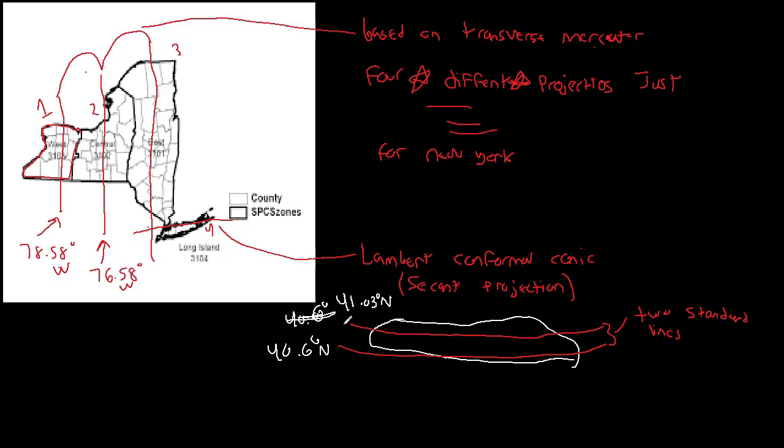So you can see that the distance between these two is barely even 0.5 degrees, it's less than 0.5 degrees. So these 2 standard parallels are really close together, meaning that the distortion, because again, distortion increases the farther away you get from a standard line, you can't get very far away from a standard line here, at least not in Long Island.